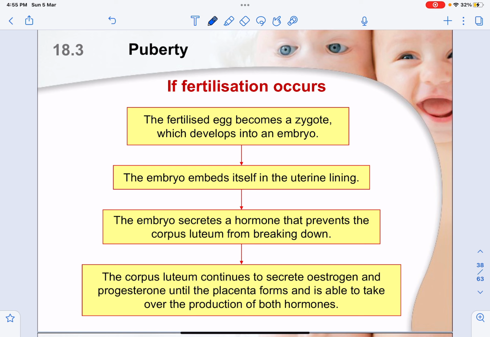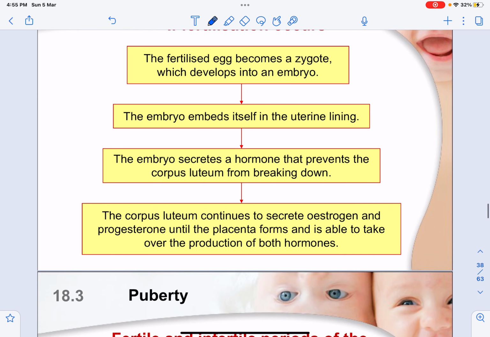This embryo embeds itself in the uterine lining, and it secretes a hormone that prevents the corpus luteum from breaking down. Why is this so? The corpus luteum will then be able to continuously secrete estrogen and progesterone to maintain the uterus lining, or even grow it, until the placenta forms, so that it is able to take over the production of both hormones.